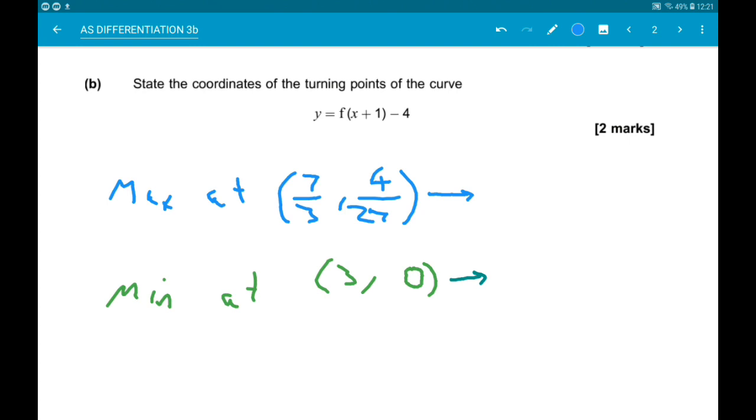So the maximum is now going to be at 4/3, and then minus 104/27, and the minimum is now going to be at 2, minus 4.